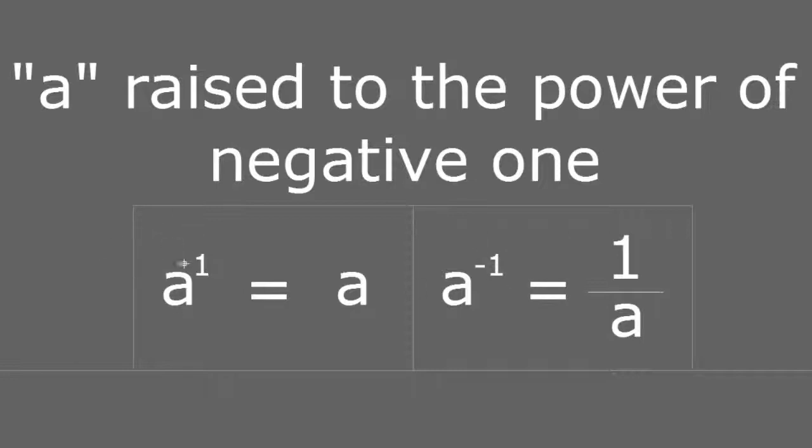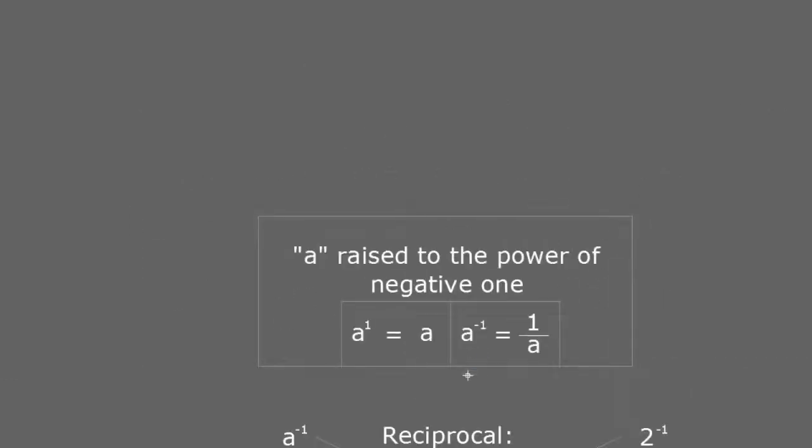But since A raised to the power of 1 is just A, I don't write it. I just write 1 over A. So any number which has an exponent equal to negative 1 is going to be 1 over that number.